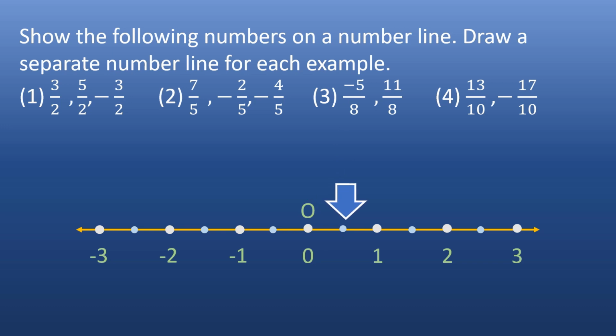Second mark on the right hand side of origin is 2 by 2. Third mark on the right hand side of the origin is 3 by 2. Show 3 by 2 on the number line.